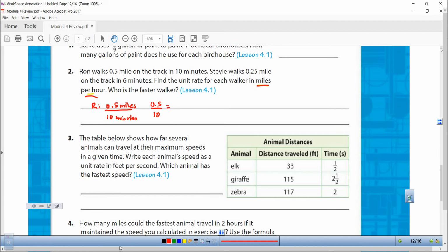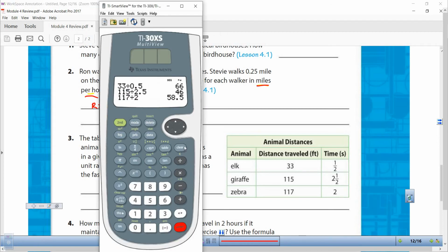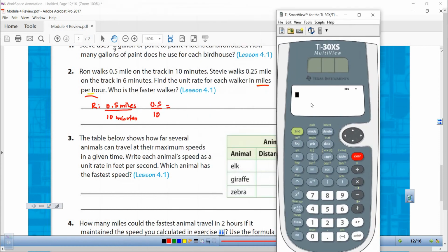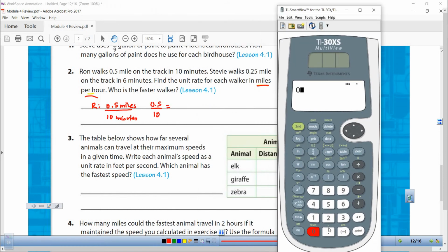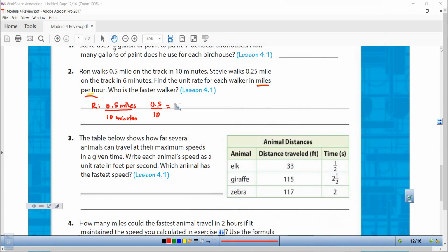I don't mind if you go ahead and use a calculator for these problems, although we really should be able to do this one without a calculator. But 0.5 divided by 10, when I do that, what do I get? I get 0.05. 0.05 what? Miles per minute, okay? That is Ron's unit rate in miles per minute.